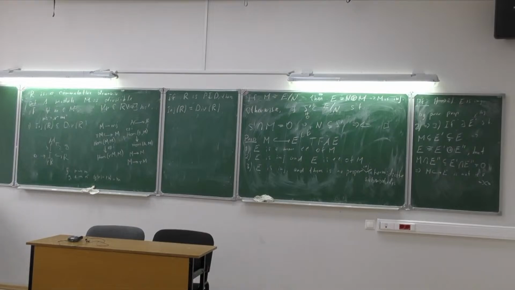So at least in this very special case, for example, this is something like polynomials in one variable or the integers, we have an understanding of what's injective in terms of this condition of being divisible. For example, we can see that Q is clearly injective from this second exercise.